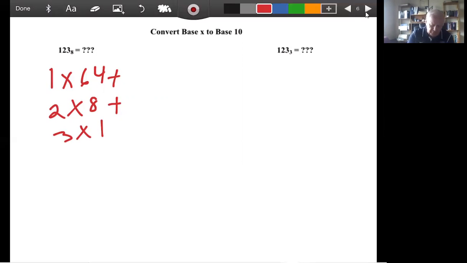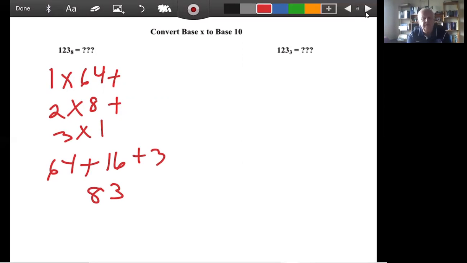So that's 64 plus 16 plus 3, which is 83 in base 10. I think you can see that. If I did everything correctly, I tend to make little mathematical errors. I'm going to go through it in my mind one more time. I have 3 ones, 2 8s, and 1 64. That looks like it's 83.